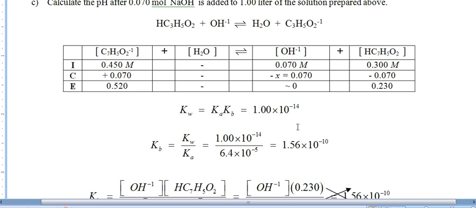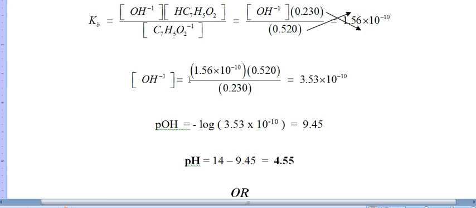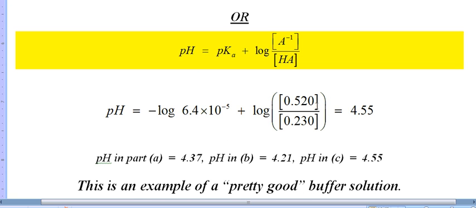So if I come up to my ICE chart and look over here to find out which of these two, and again I'm comparing my common ion with my weak acid. These are the only two things that I consider when doing the Henderson-Hasselbalch: the common ion and the weak acid, or the weak base and its common ion. So which one of these is more negative? Well, there it is. So whatever that concentration is, the 0.52, will go on top.